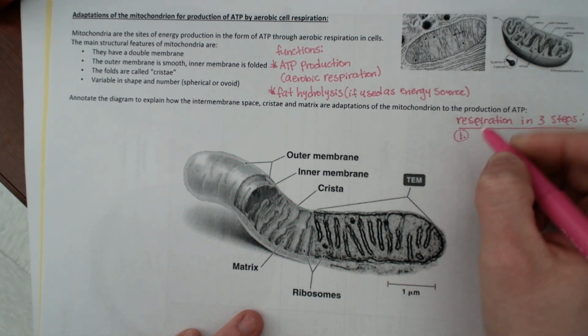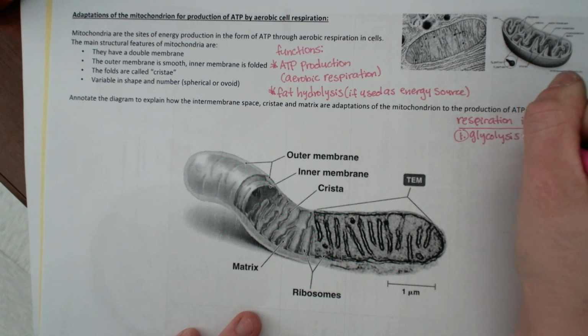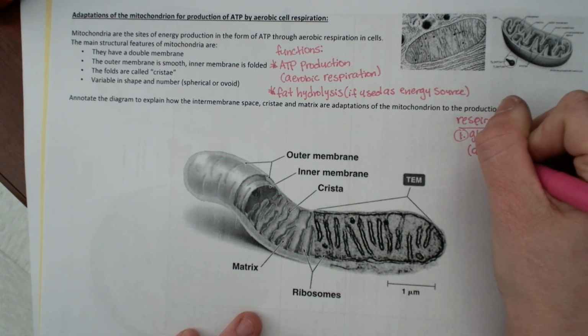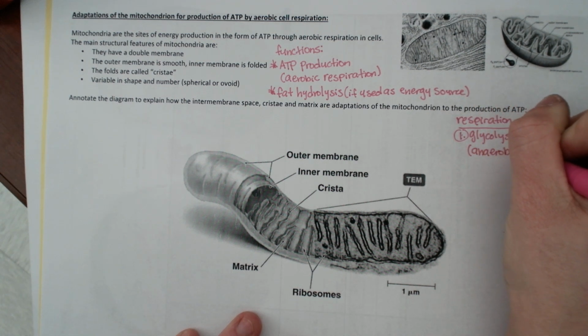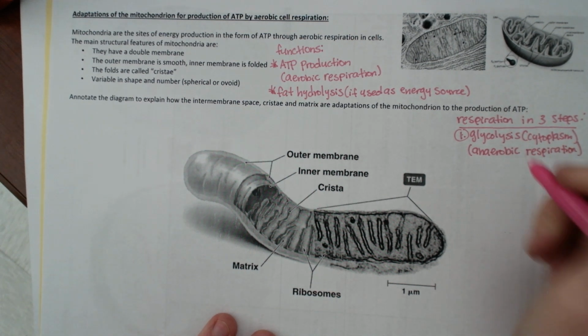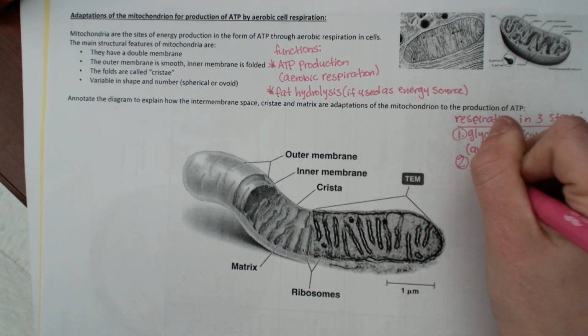Your first step is glycolysis, which happens in the cytoplasm. So not even in the mitochondria. It's also just what anaerobic respiration is, or respiration without oxygen. Your second step is your Krebs cycle.